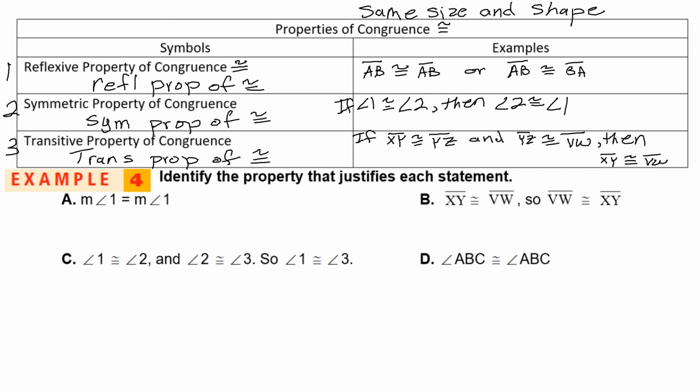It's a reflexive property. Of what sign do we put? Because we have an equal sign, we write down equal sign. So we have a reflexive property of equality.